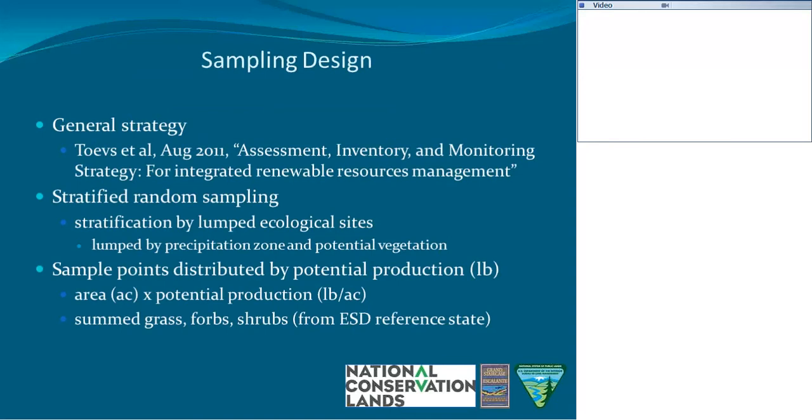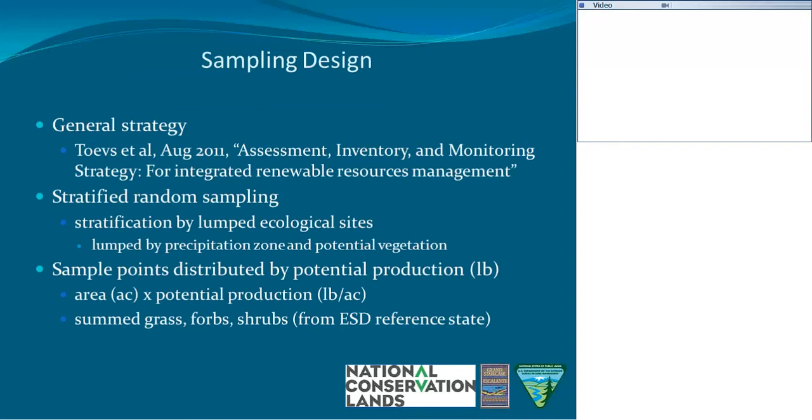We're also doing stratification by ecological sites. In our case, we've lumped the ecological sites to reduce the number. We've got 70 some odd in the whole area that we manage, so we lump them by precipitation zone and potential vegetation.